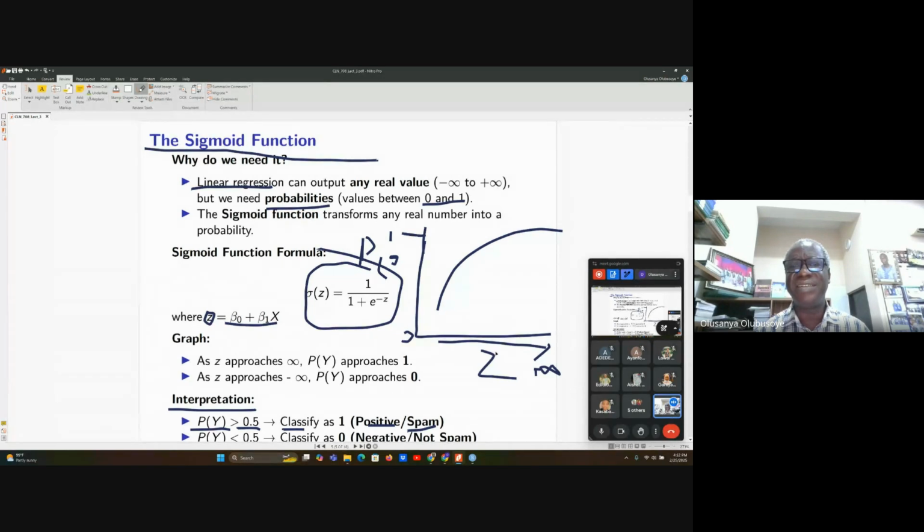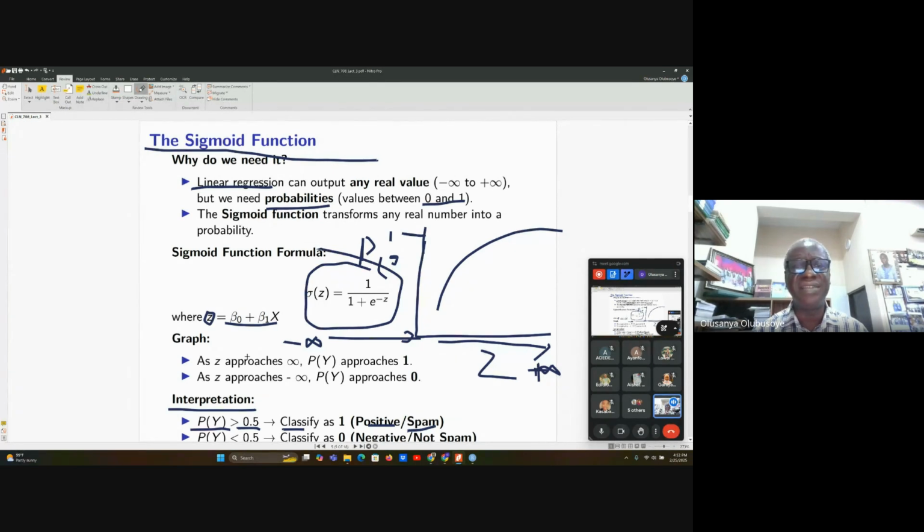The Z, interestingly, can take a value between minus infinity to positive infinity here. But I just simply limit it to the positive side. But it could take a value from anywhere.